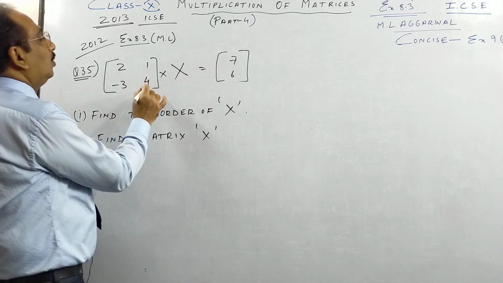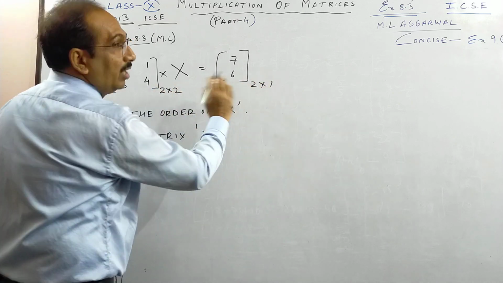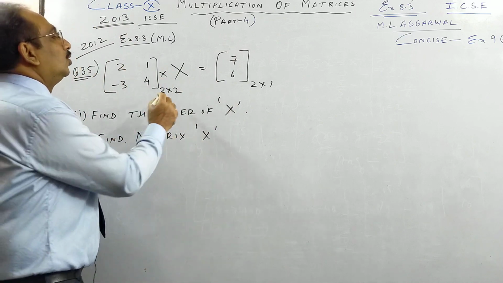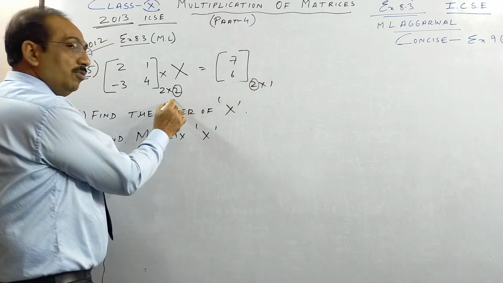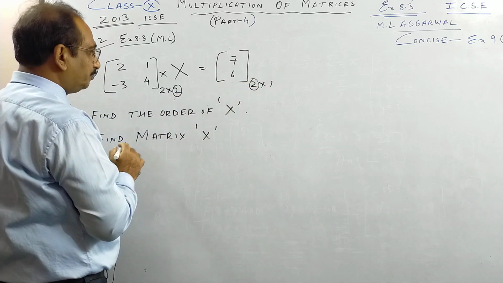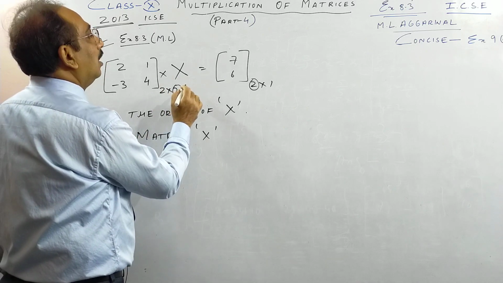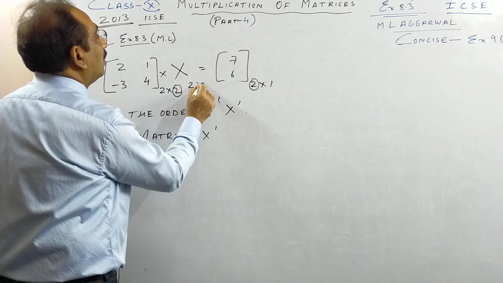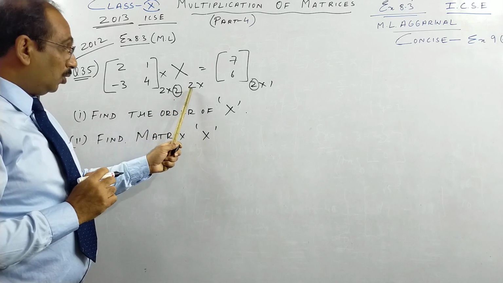Now how do we do it? The order of this is 2 by 2, the order of this is 2 by 1. 2 rows, 1 column, 2 rows, 2 columns. So they can be multiplied if the column of the first is equal to the row of the second. That means this matrix should have its row as 2.